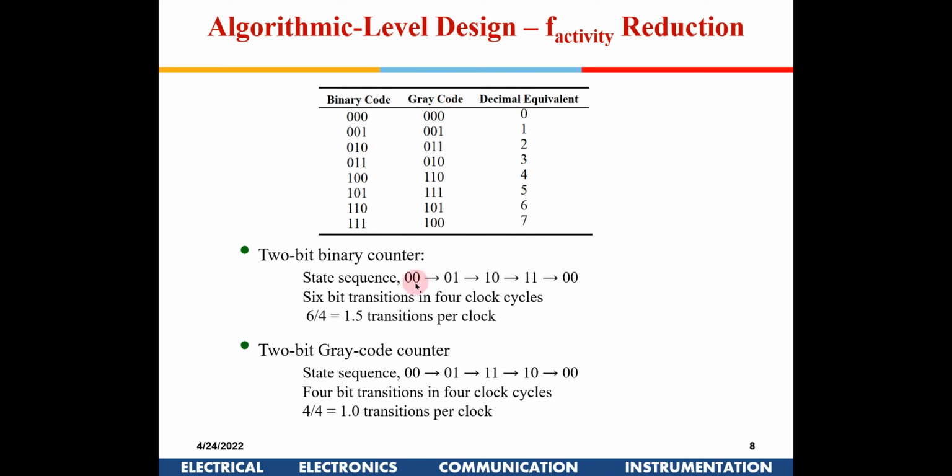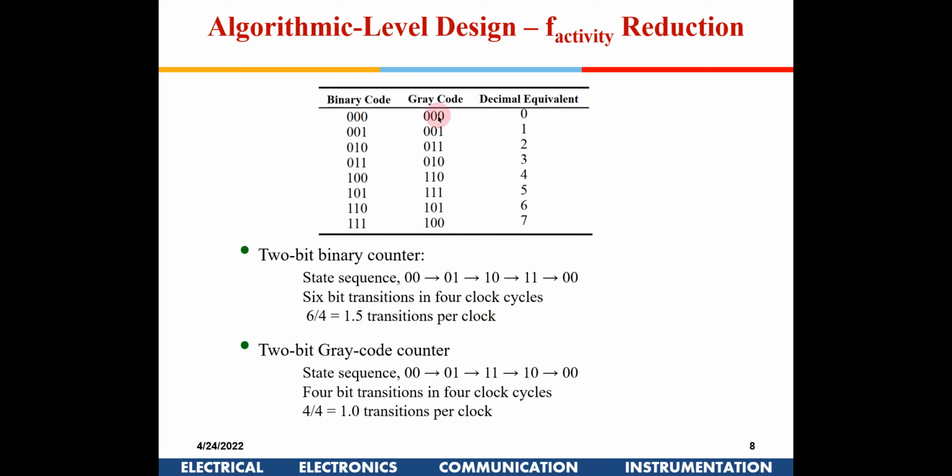If you see here, this is just a 2-bit counter shown, and the binary counter has a larger number of transitions, whereas for gray code the total number of transitions is much lesser. It is just one transition per clock, whereas for a binary counter it is 1.5 transitions per clock.